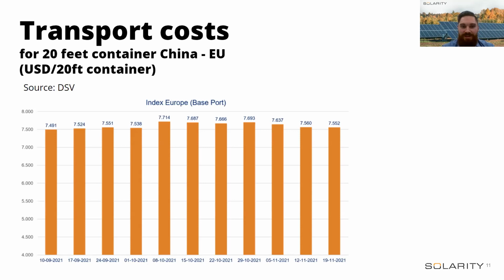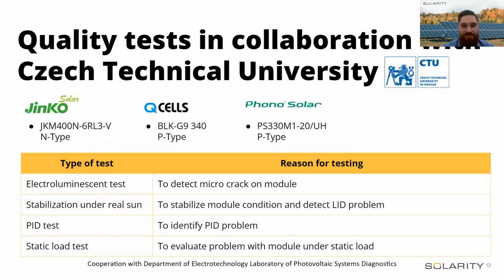If you imagine, the prices last year in the first quarter were around 2,000, and now it's like 15,000. It's crazy. And one container is 330 kilowatt peak, so this is a huge impact.